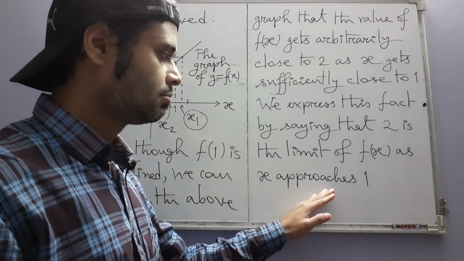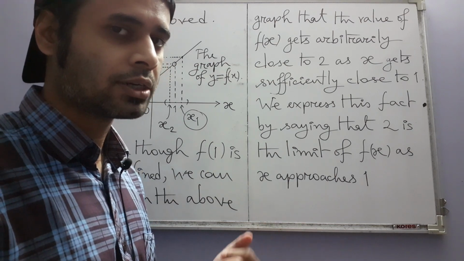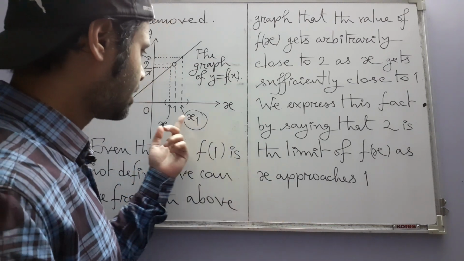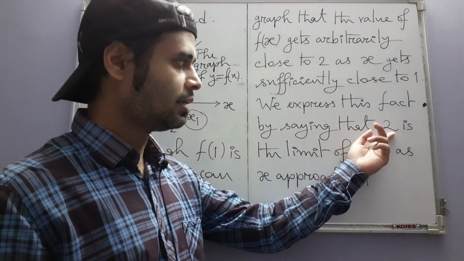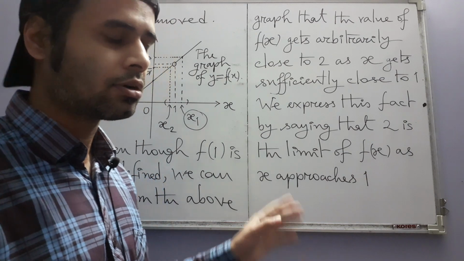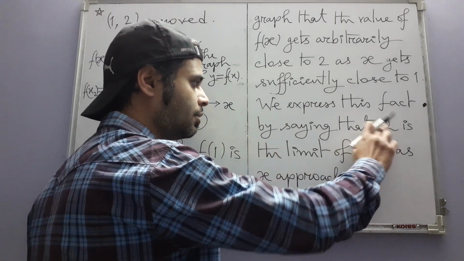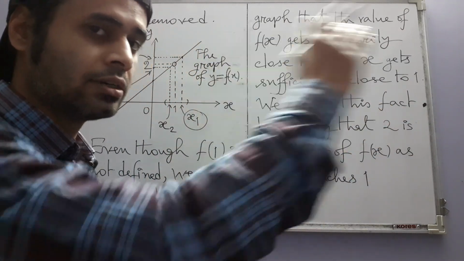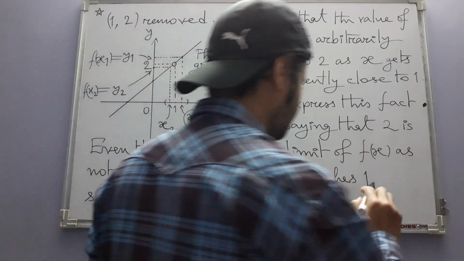It's like calculating the instantaneous rate of increase of the population of flies on day 23, I think it was. So that day 23 is 1 and the instantaneous rate is 2. Although here it's not rate, but I'm just simply saying analogously the value which corresponds to the instantaneous rate there, here that value is 2, as x approaches 1.